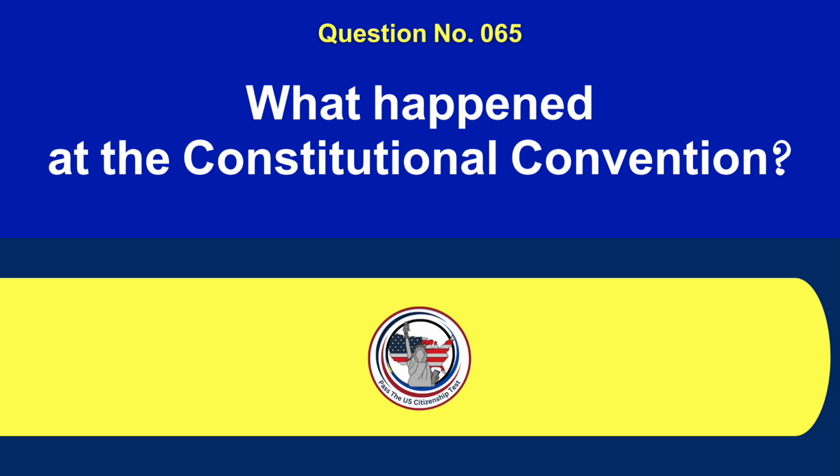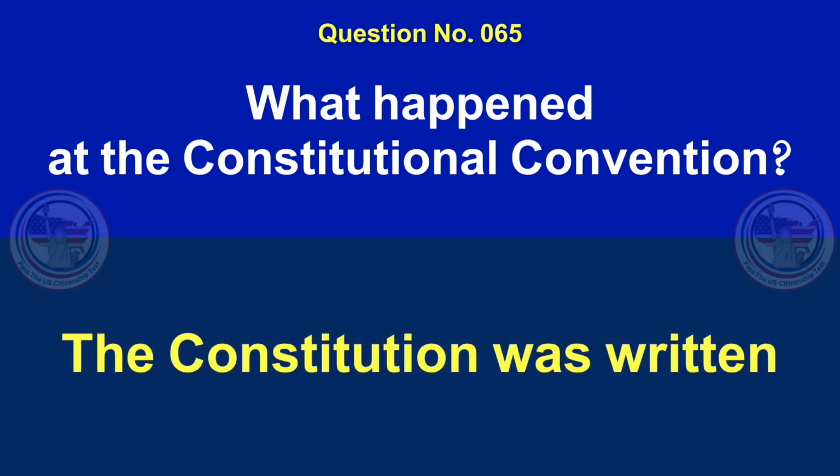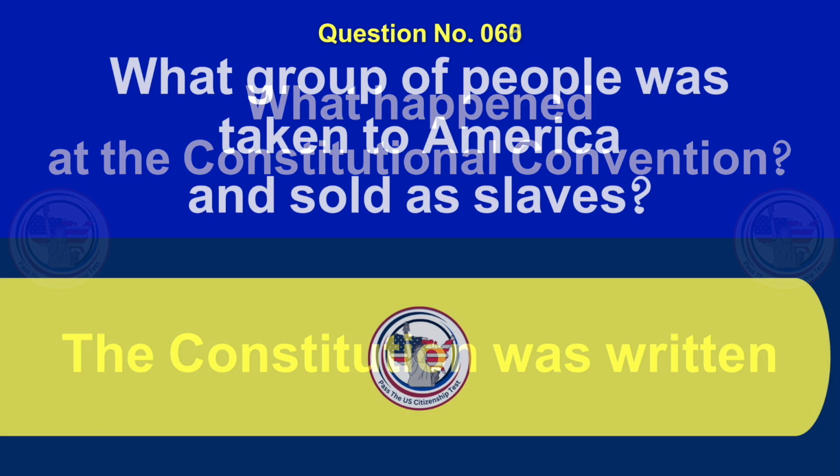What happened at the Constitutional Convention? The Constitution was written. What group of people was taken to America and sold as slaves?